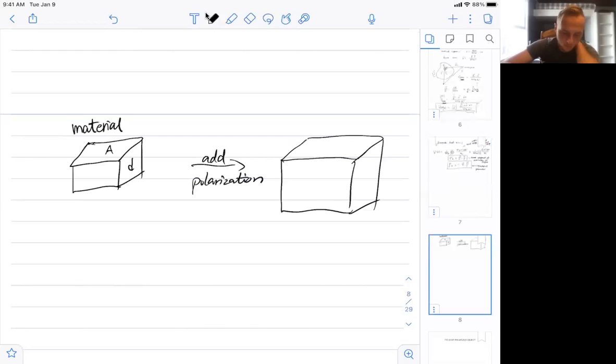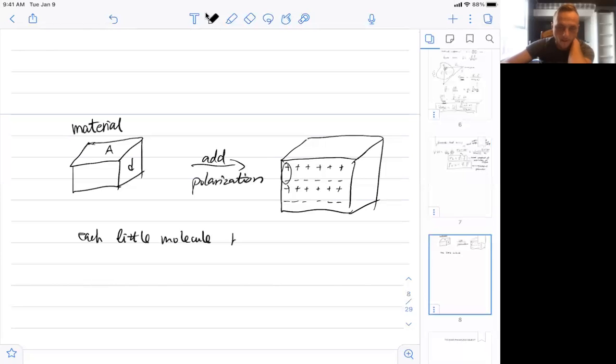You have shifted the positive charges away from the negative charges, stretching the positive and negative by a certain distance. Now each of these little molecules has become a dipole, with dipole moment p equal to Q D. So D here is the separation of the charge in one particle, how far away they are from each other.